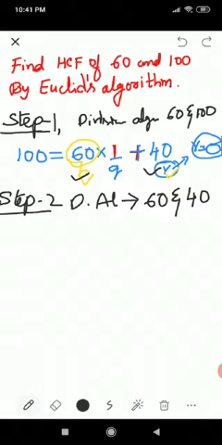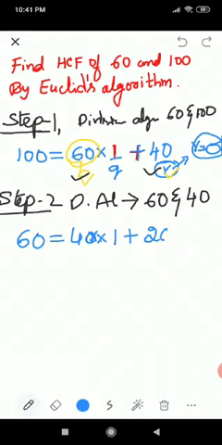See here how we can write this with 60 and 40. 60 is nothing but 40 into some multiple. 40 ones are 40, and the remainder becomes 20 here. So 40 ones are 40, plus 20, we get 60. Here you have to observe what is q and what is r.